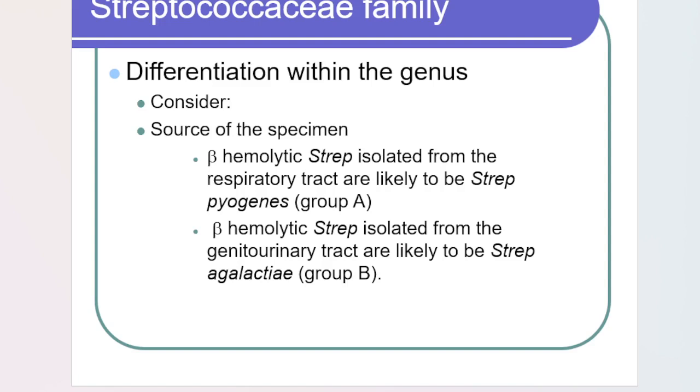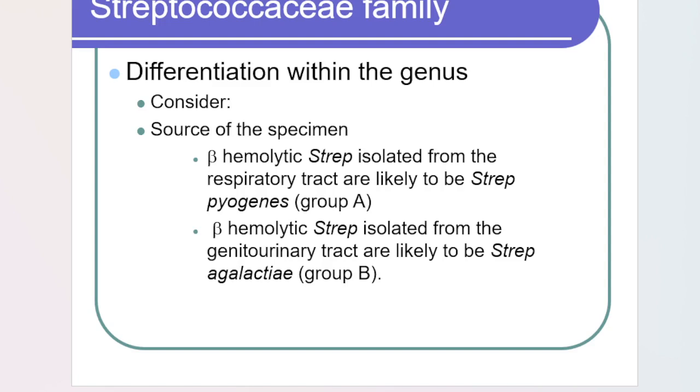So, that's the correlation. Pero if it comes from genitourinary tract na beta hemolytic strep from genitourinary tract, most likely that is group B, Agalactiae. Okay? So, Agalactiae siya. GBS. Okay? Group B, Streptococcus. Streptococci. Again, pag na-establish mo na Streptococcus, okay, so you check for hemolytic pattern, alpha hemolytic from respiratory tract, viridans or pneumoniae.